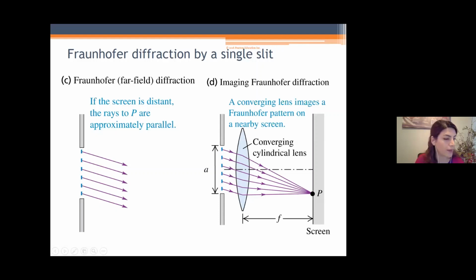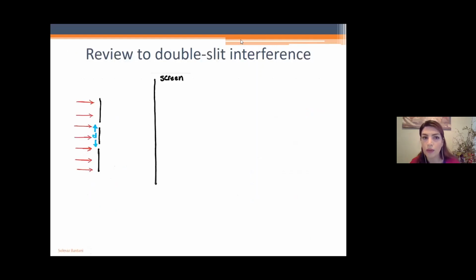Okay, so two types of diffraction, Fraunhofer and Fresnel. Do you guys have any question? If you have a question, raise your hand or send me a chat. I do not see anything coming through.